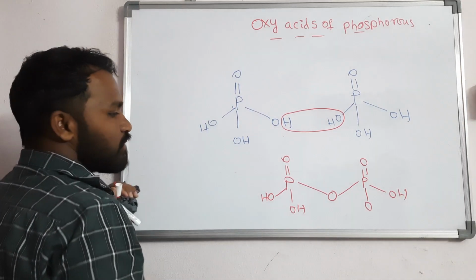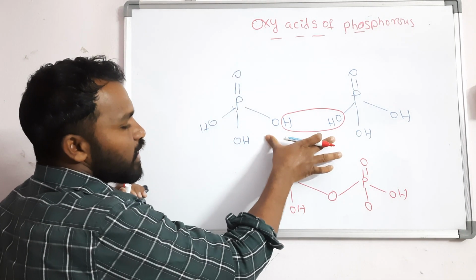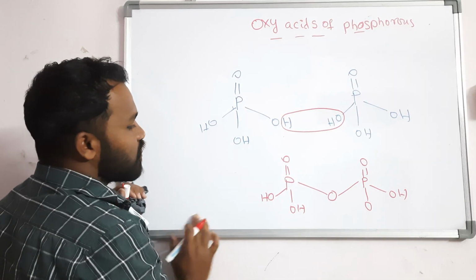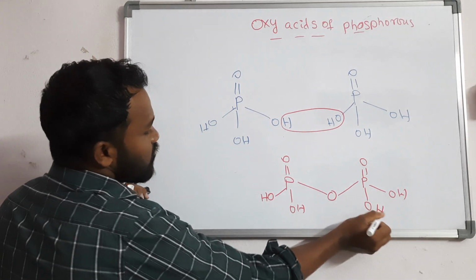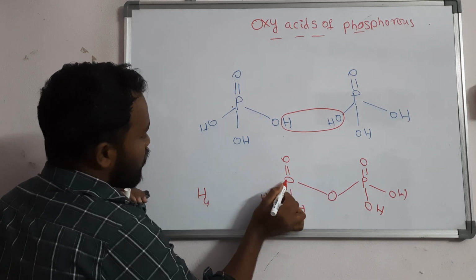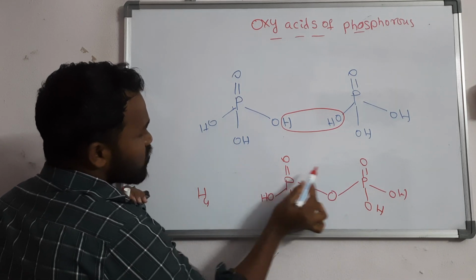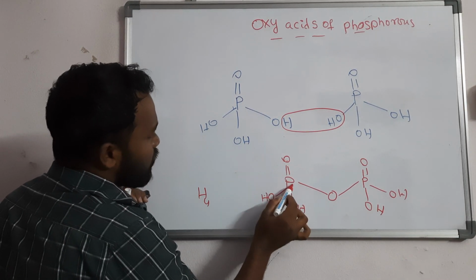So from 2 moles of phosphoric acid, by removal of a water molecule, you will get this: 1, 2, 3 OH here, right? So this is H4, 1, 2, 3, 4 hydrogens. Then how many phosphorus?